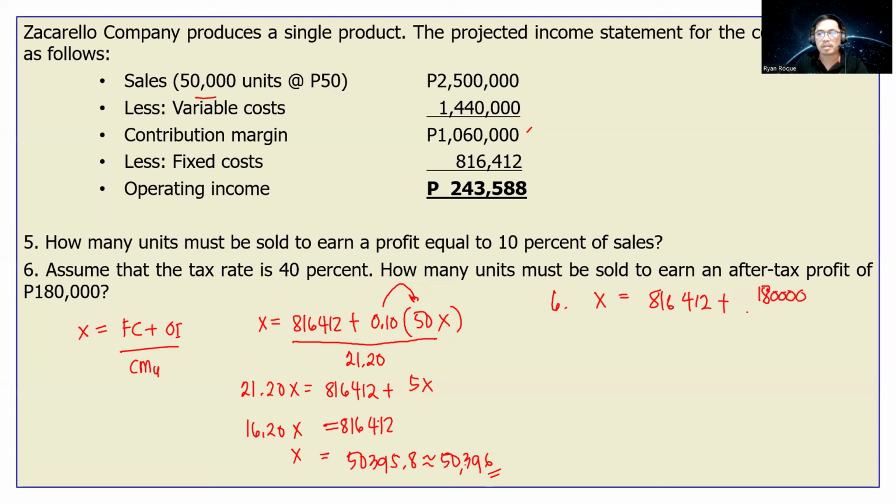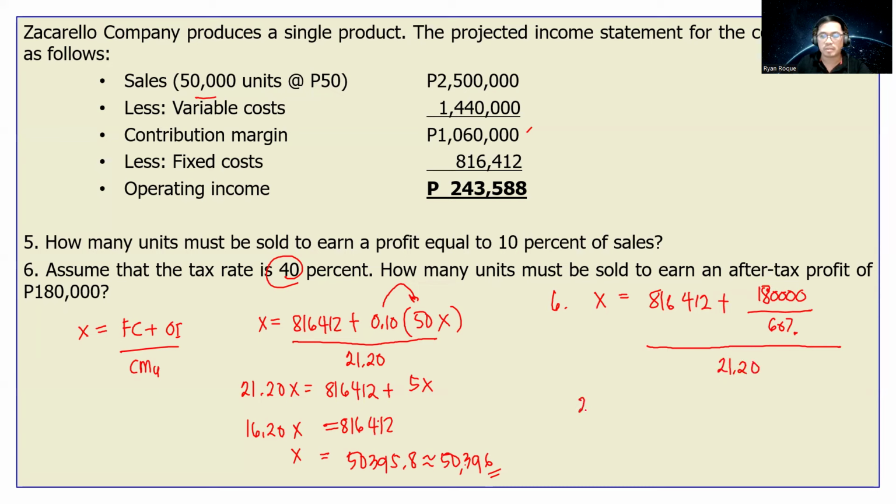Remember, the profit that we put in the numerator should be before tax. So therefore, you have to gross this up. So you divide it by 1 minus the tax rate, or 60%. Because the tax rate is 40%, divide it by 60%. And then you divide everything by the CMU, which is 21.20.